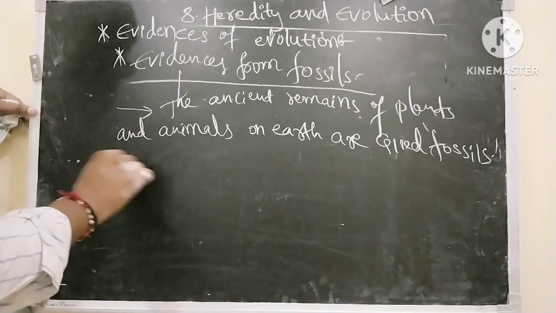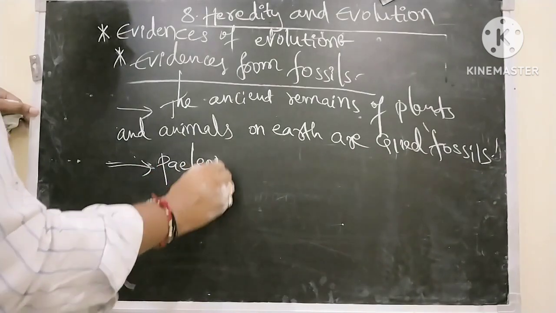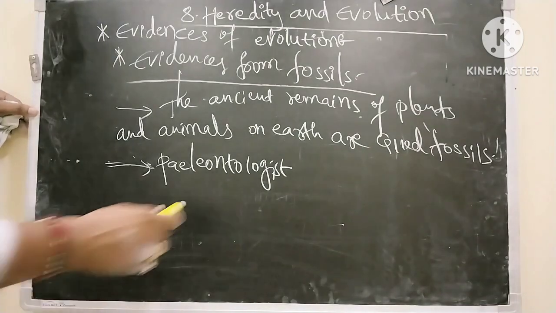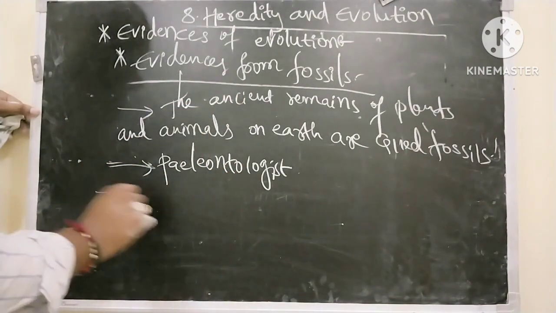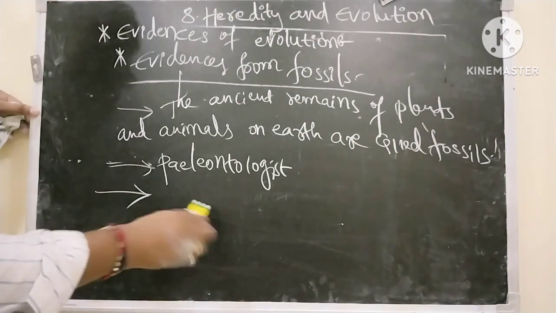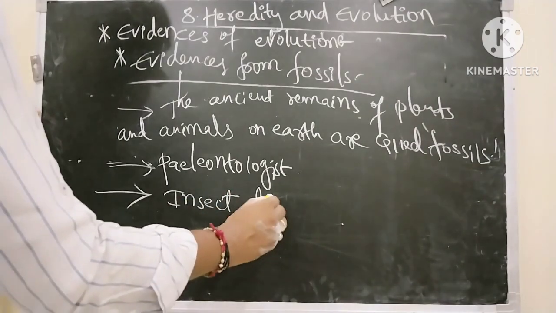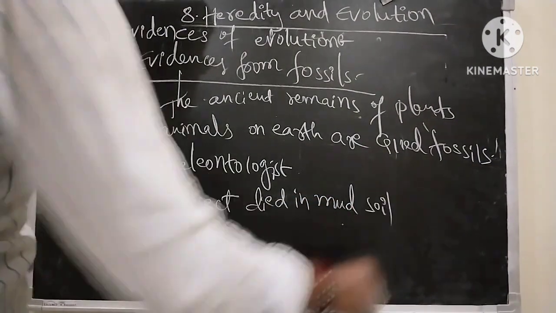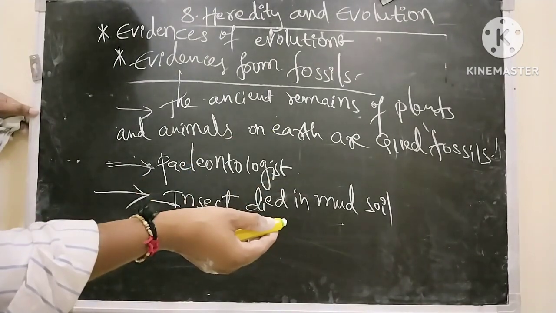The person who studies fossils is called a paleontologist. So, how are fossils formed? For example, in a place where there is mud soil, suppose an insect dies in that mud soil. Whenever an organism dies, it is going to decompose, right?